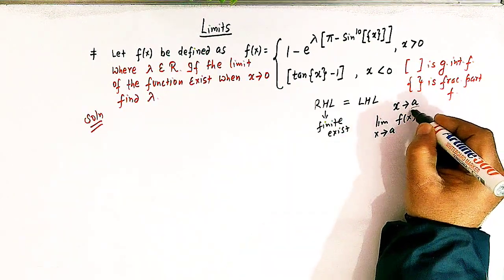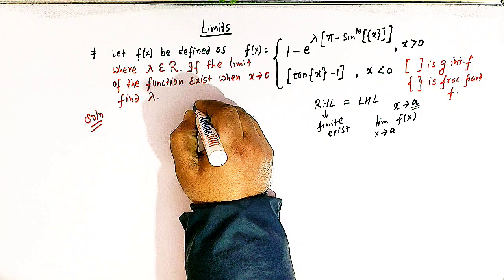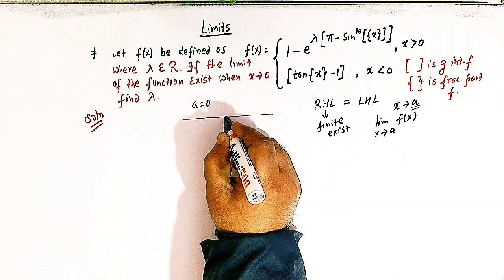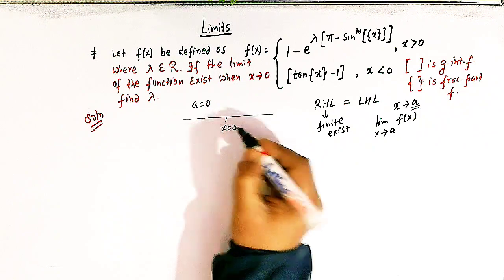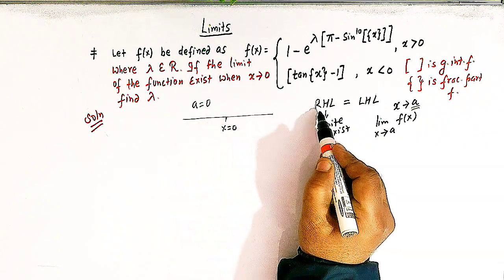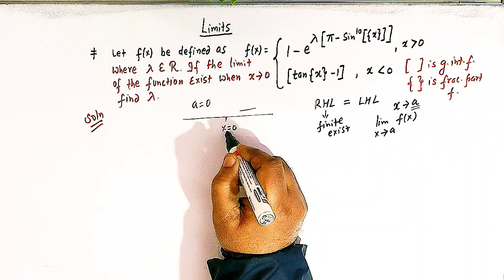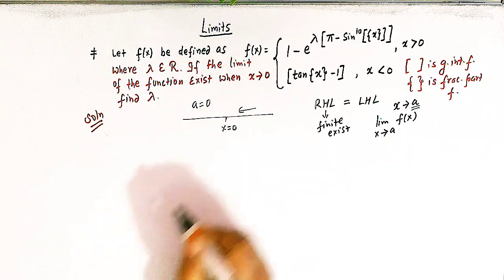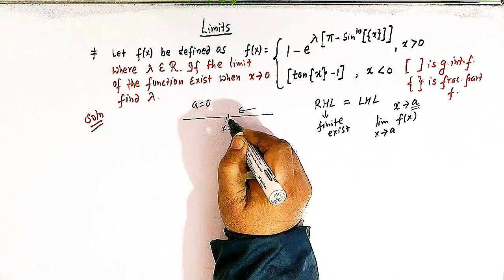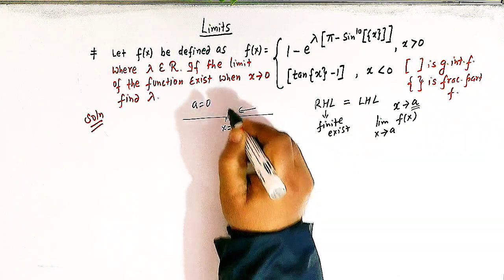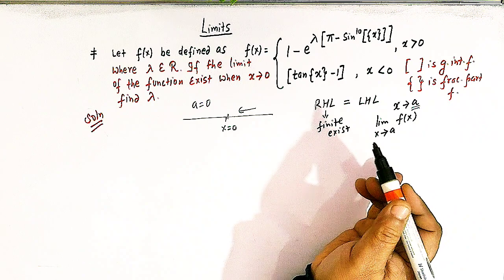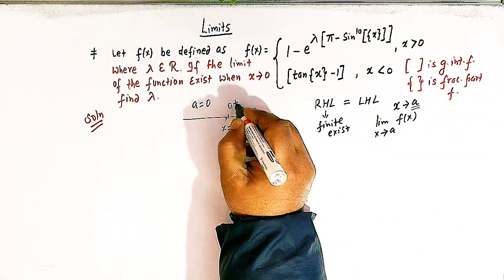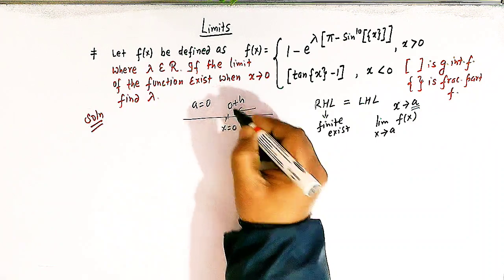So here our point a is 0, and here we have, say, x is equal to 0. So when we find out the right hand limit, we approach towards x is equal to 0 from the right of x is equal to 0, and we take a point in the neighborhood of x is equal to 0 and towards the right of x is equal to 0, and this point may be taken as 0 plus h, right?